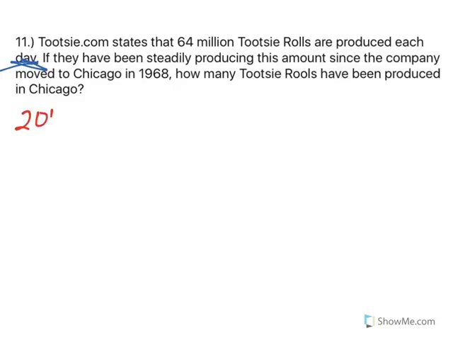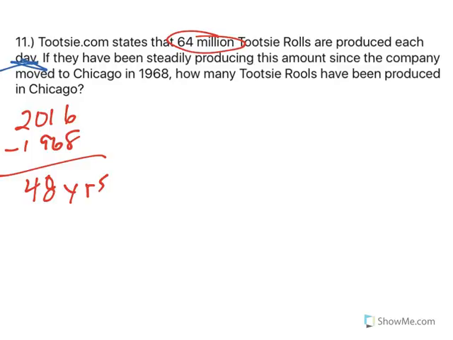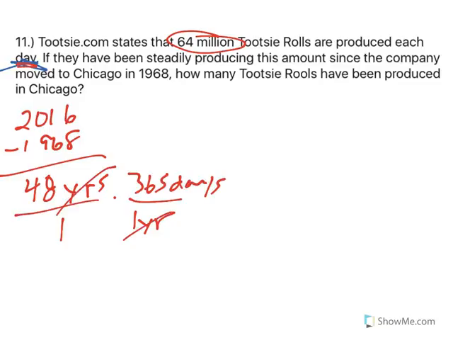So if I say we're in 2016, they moved in 1968. That means they've been producing Tootsie Rolls in Chicago for 48 years. But they produce this many Tootsie Rolls per day. In 1 year, there are 365 days. So doing that conversion, we multiply 48 years times 365 days.